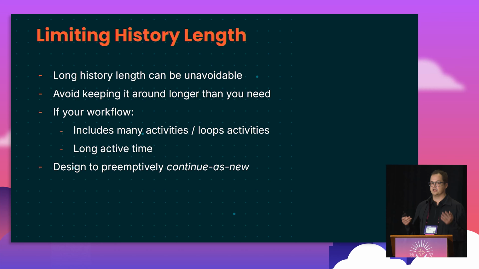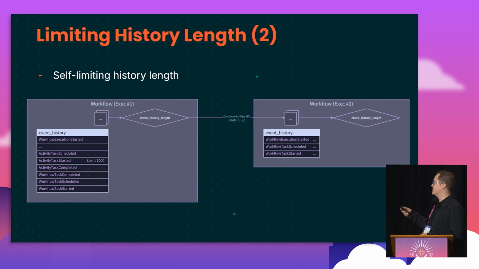And the way that you can proactively decide, I want to send some events to the retained storage and keep myself running, is by using continue-as-new. Continue-as-new, just to show it in a diagram, is when a workflow proactively checks its own conditions, either checks its own history length or decides, I'm at this point in my process, it's a perfect opportunity for me to continue as new.